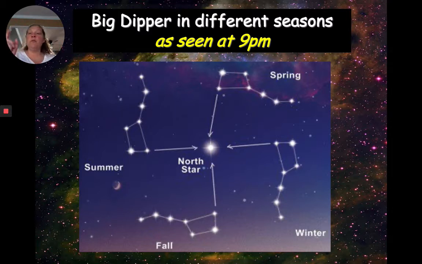But if you went out at 9 p.m. in winter, it would be way down here, so it looks like it's going to catch water as opposed to spill it out up here. So the position of the Big Dipper around Polaris at the same time of day also changes as we revolve around the sun.